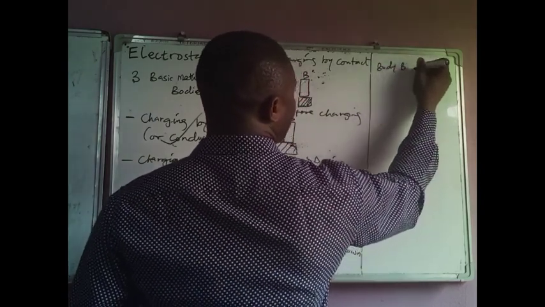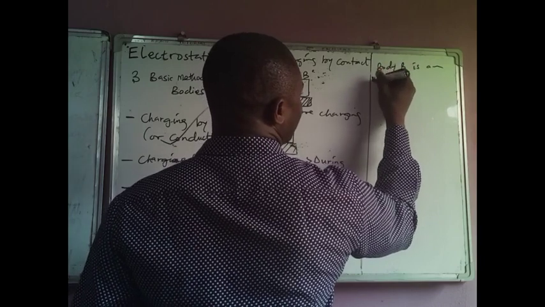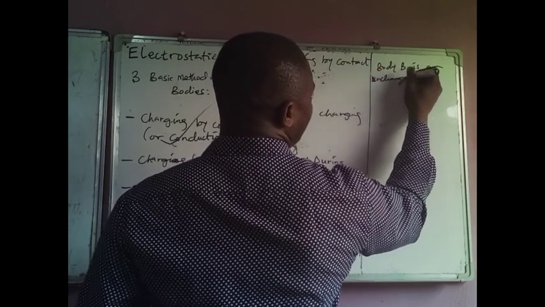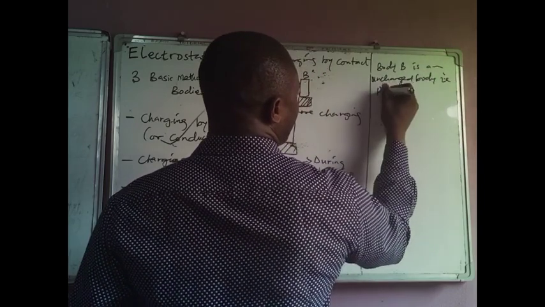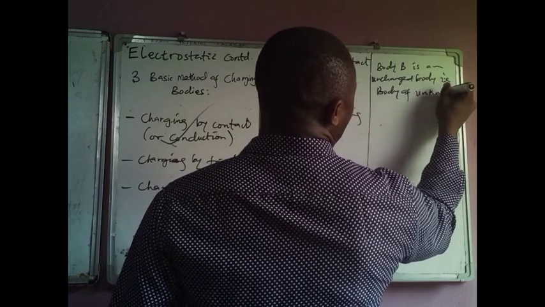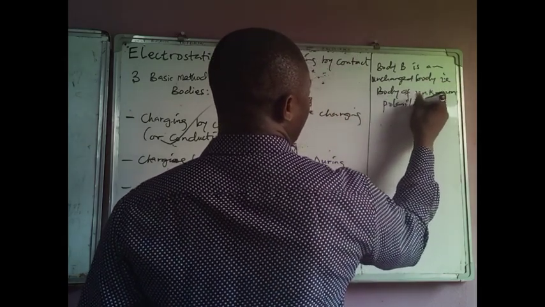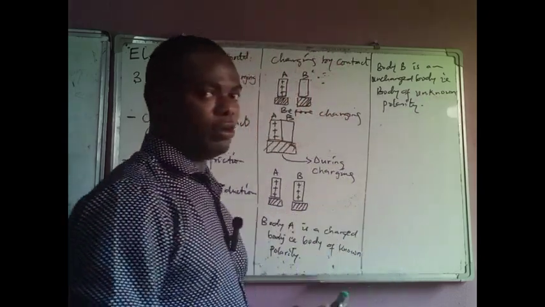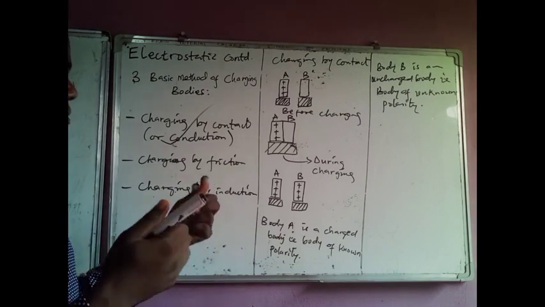Body B is an uncharged body, that is a body of unknown polarity. So that's what happens during charging by contact.